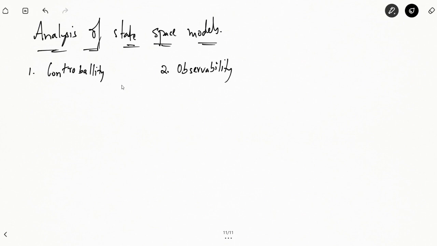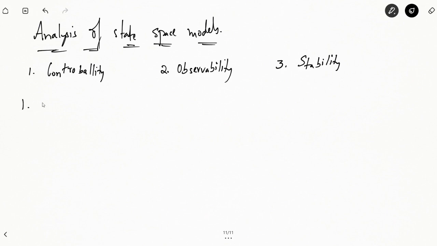We cannot determine whether a system is controllable or observable using a transfer function model of a system. But using a state space model, we can say whether a system is controllable and whether it is observable. And the third property that we can determine using the state space model is stability. That can be done using the transfer function approach as well, but in case of state space models, it is much more insightful.